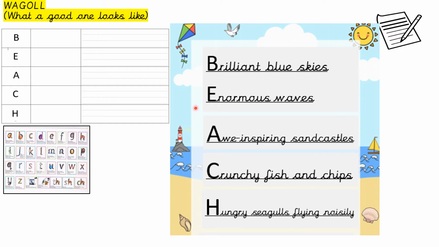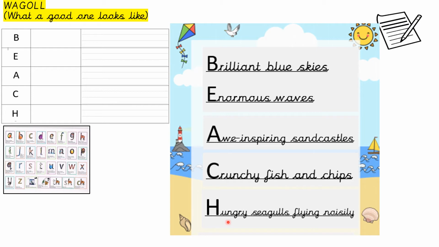As you can hear in mine, sometimes I've just used expanded noun phrases. For example, this line here in my poem. For the letter E, I've written enormous waves. So enormous is my adjective and it's describing the waves. And then for the letter H, I've decided to challenge myself. That's what I did on Wednesday.